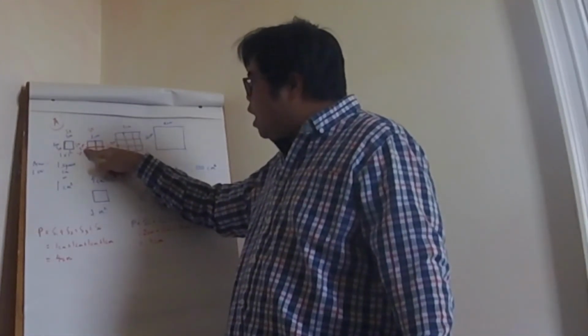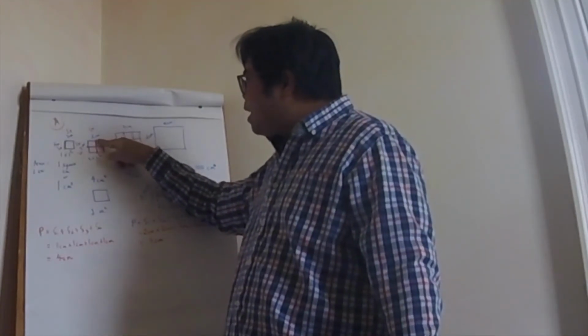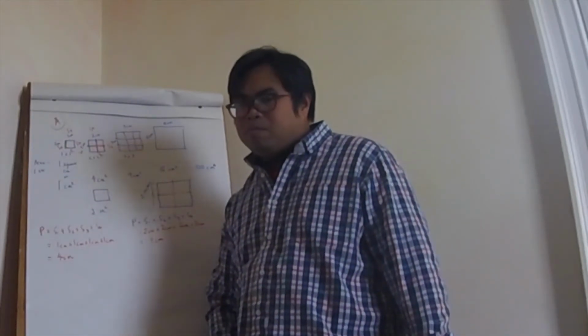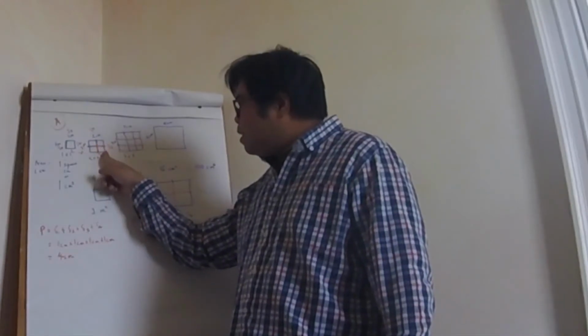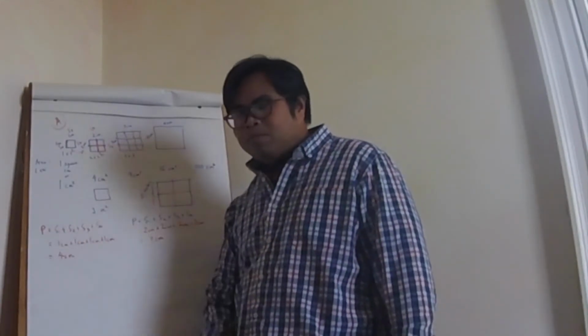Now, let's go back to this. What's the area and perimeter of the square if one of its sides is 2 centimeters? Just the one side, 2 centimeters long.